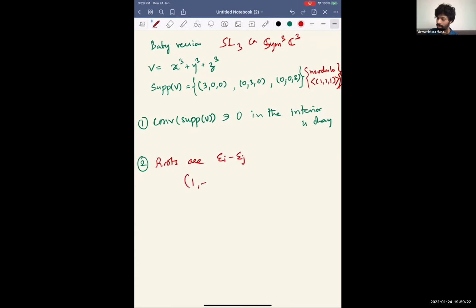So that's 1 minus 1 0, 1 0 minus 1, 0 1 minus 1, maybe with plus or minus everywhere. That's all the roots are. How do I know this? At some point you learn the root system of SL_n and you know this. Now you see the difference of any two things in here is not equal to one of the roots. So condition two is fine.